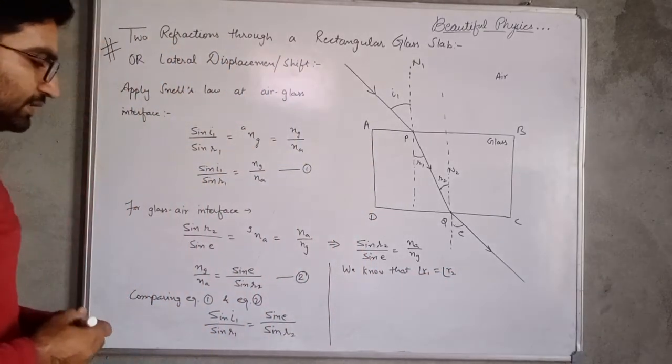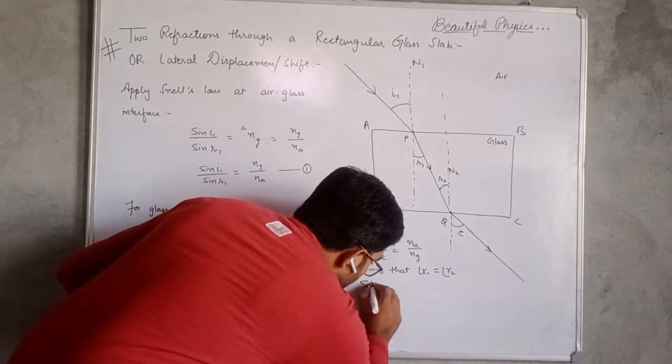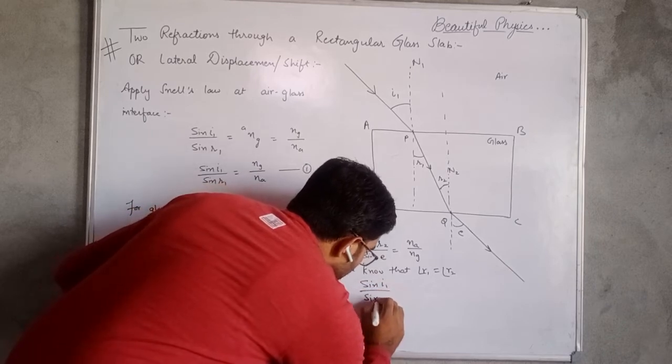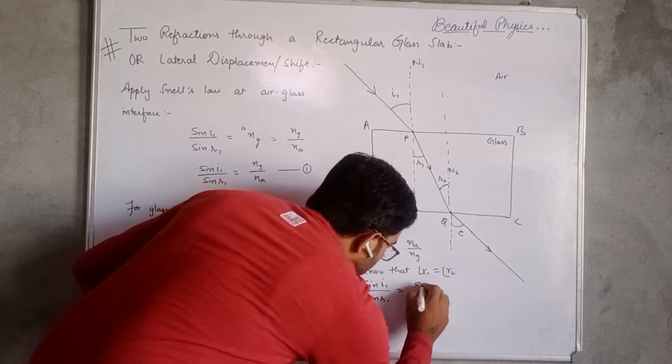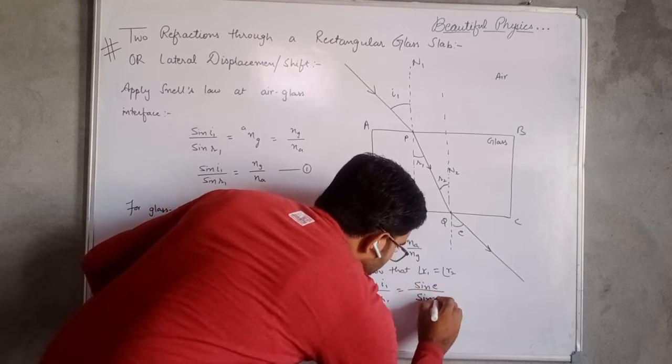If angle R1 is equal to angle R2, then we can write sine of I1 upon sine of R1 is equal to sine of emergence upon sine of R2.